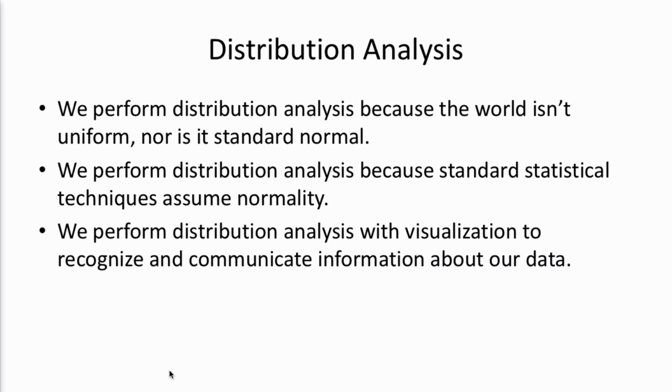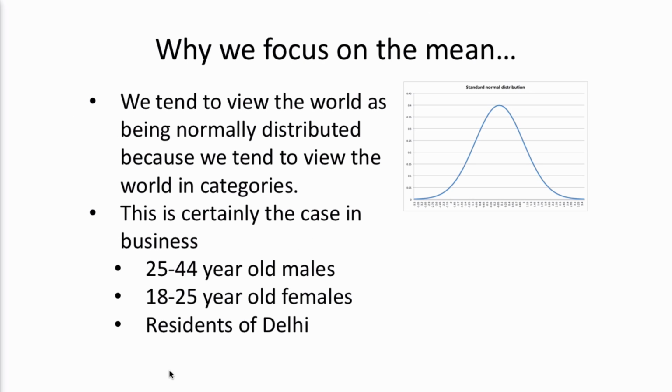But we perform distribution analysis because the world isn't uniform, nor is it standard normal. But we also perform it because our statistics assume normality. If you're running stats against outcome variables that are not distributed properly, you're going to be getting biased results, right? But we perform distribution with visualization to try to recognize and communicate information about our data, right? So in business, we talk about 24 to 44-year-old males.